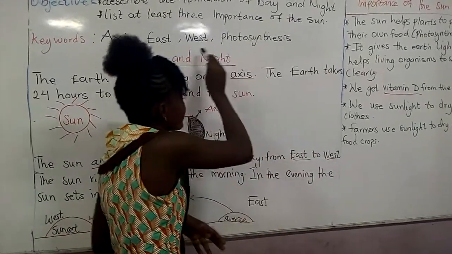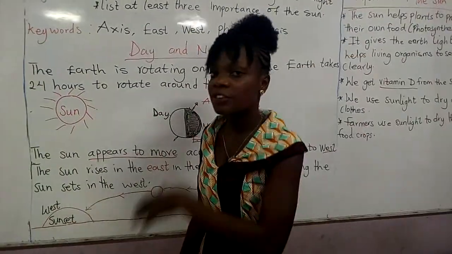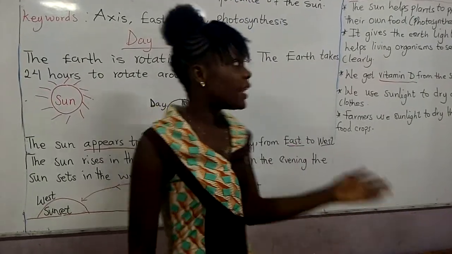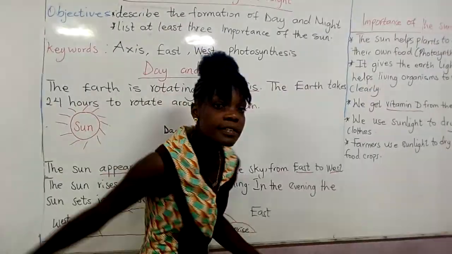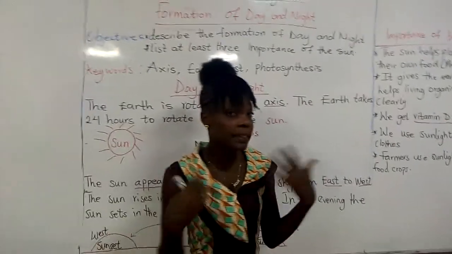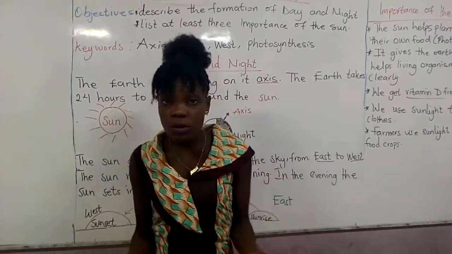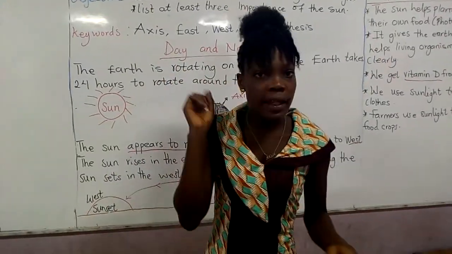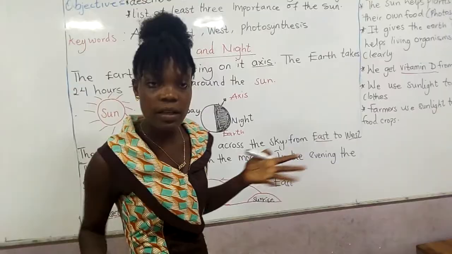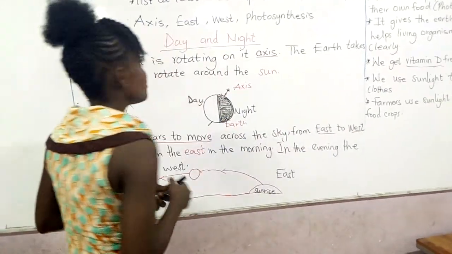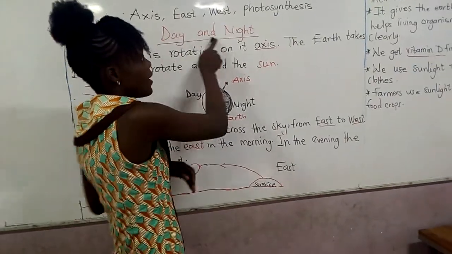And west is the left side of the compass. And our last keyword, photosynthesis, is the process where plants produce their own food with the use of sunlight, water, and air. Okay, so let's come to our lesson, day and night.